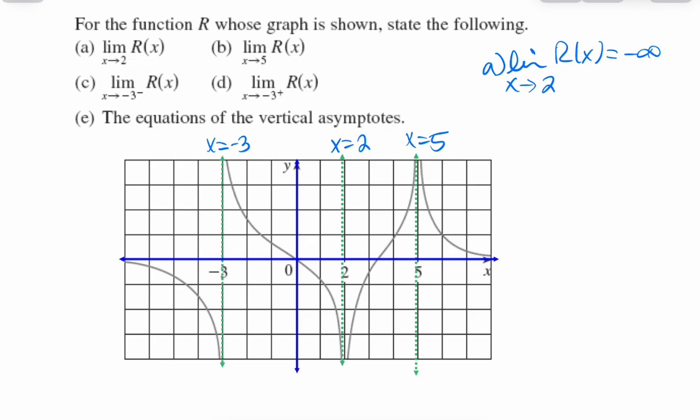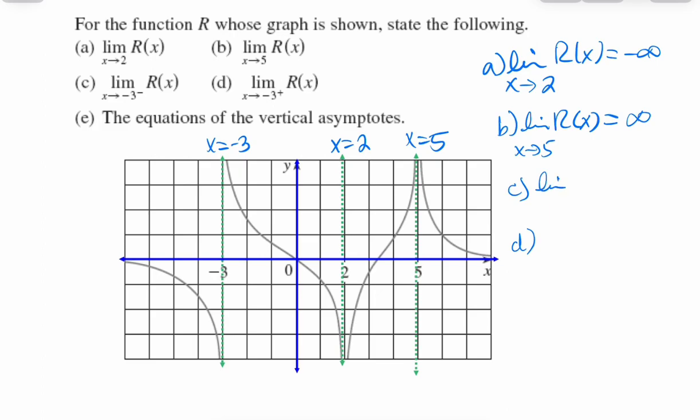So now let's look at B. They want to know what is the limit as we approach 5. Are we going to the same direction from both ends, both sides? Yes, so what's the answer? Positive infinity, exactly.